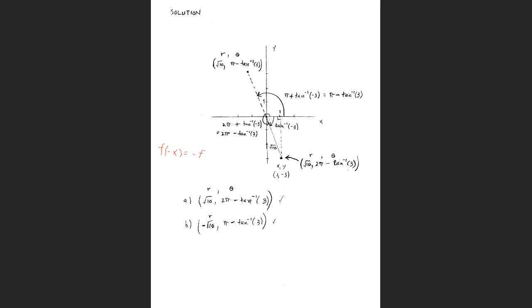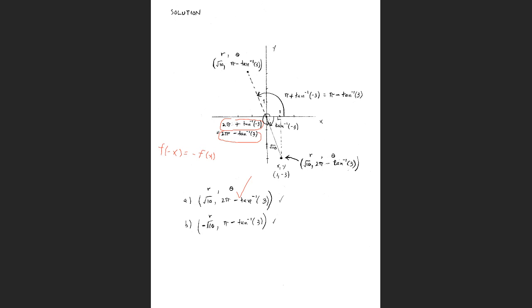F of -x equals -f of positive x. And the arctangent function acts that way. So this answer would be acceptable, but so would this answer. And that's what we have for A.